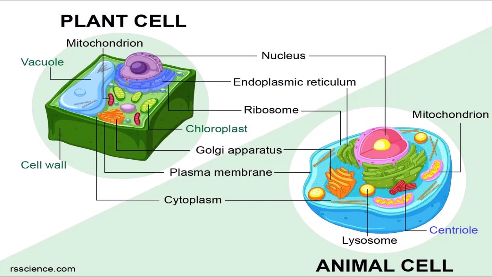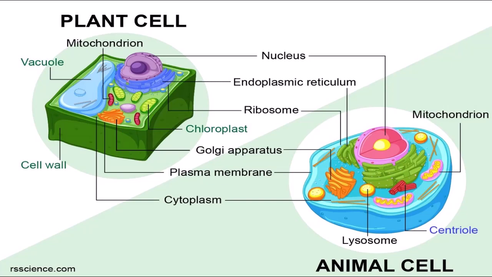Next structure is mitochondria. It is the powerhouse of the cell. Mitochondria produce the energy necessary for the cell's survival and functioning. They are fewer in number in the case of plant cell, whereas they are numerous in the case of animal cell.